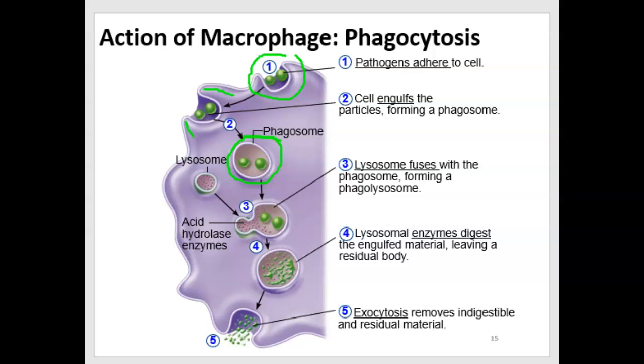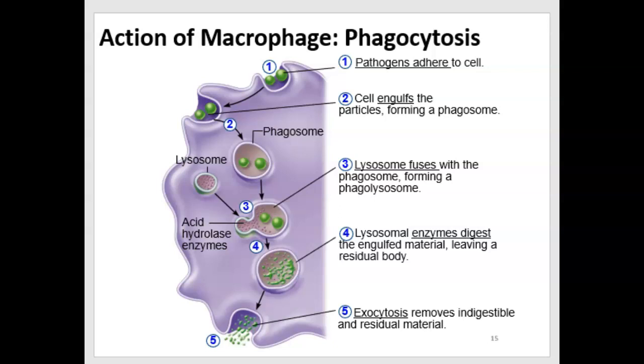Now, in the third step, the phagosome fuses with a lysosome. So here's the lysosome that already existed inside the cytoplasm. And when these two things fuse together, the enzymes in the lysosome break down that pathogen. So the pathogen's going to get broken down.